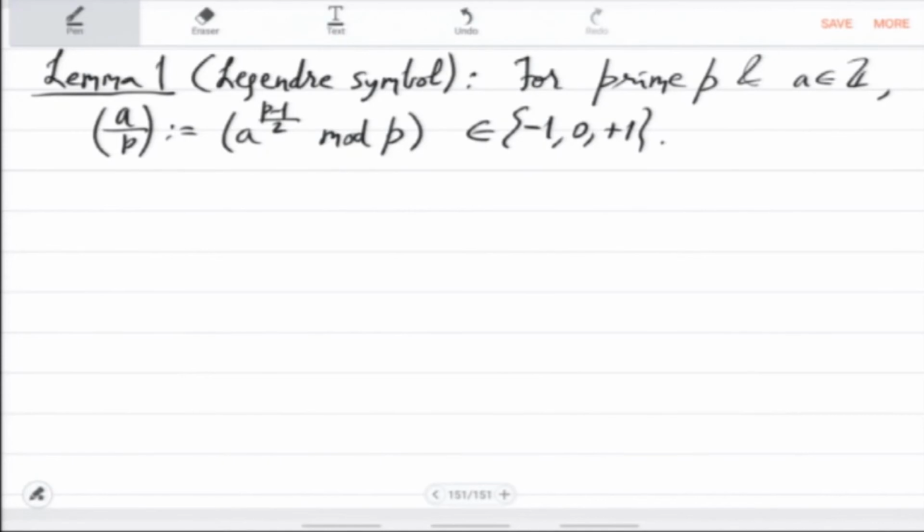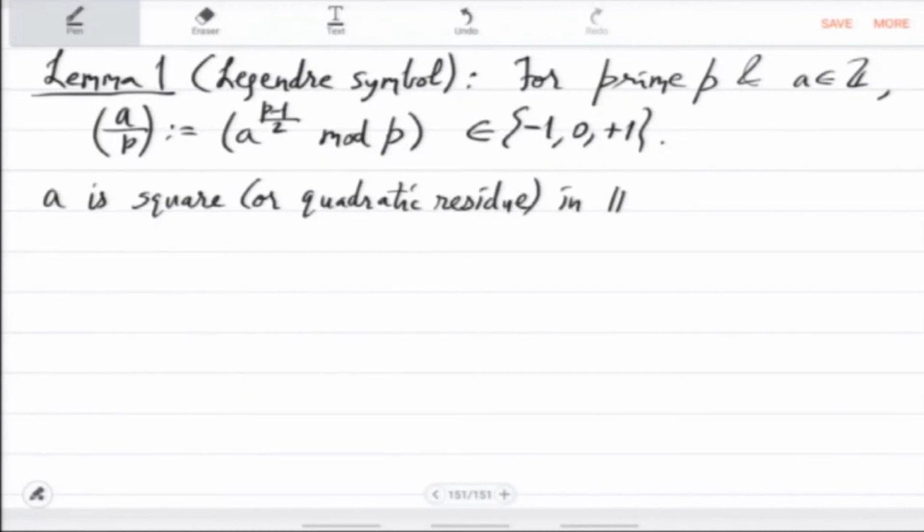If it is not a square, it is minus 1. And the property is: A is a square or quadratic residue in Fp star if and only if A by p is 1. Let's ignore the A equal to 0 case. This proof you have seen before.